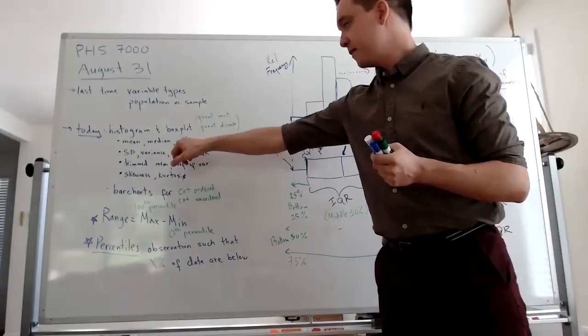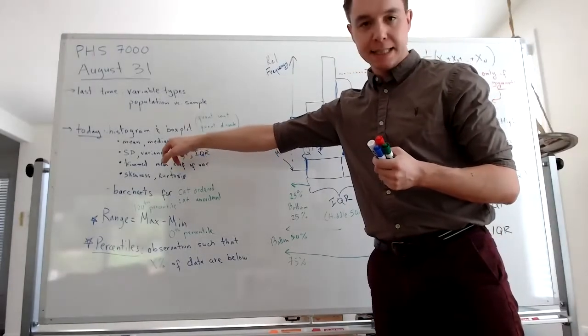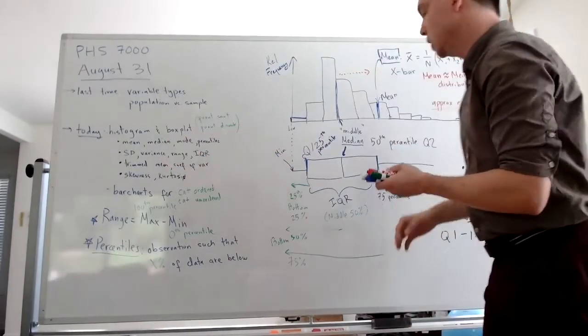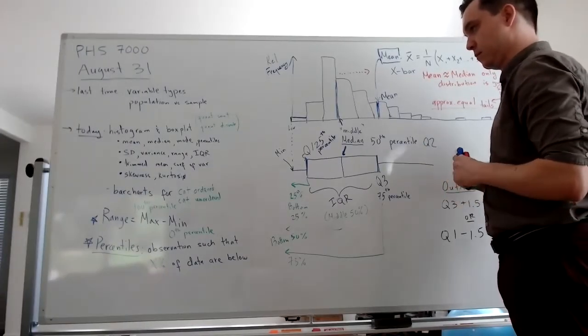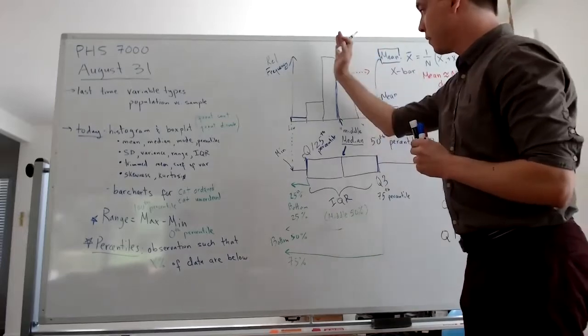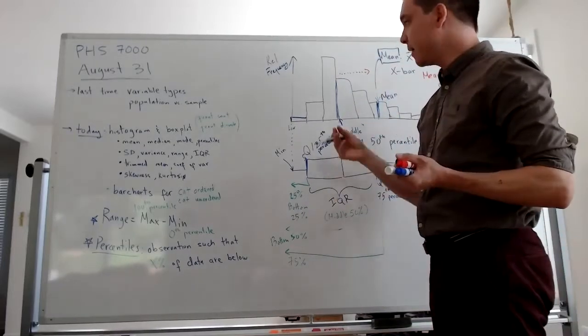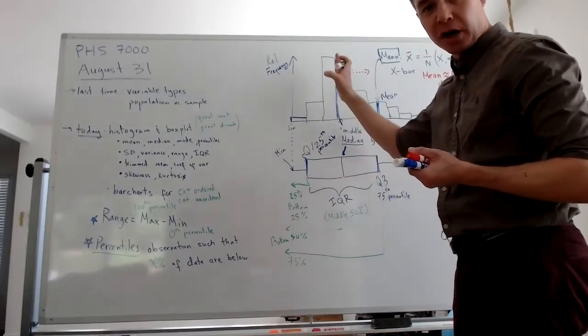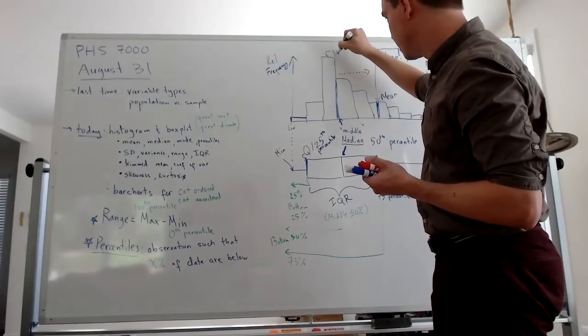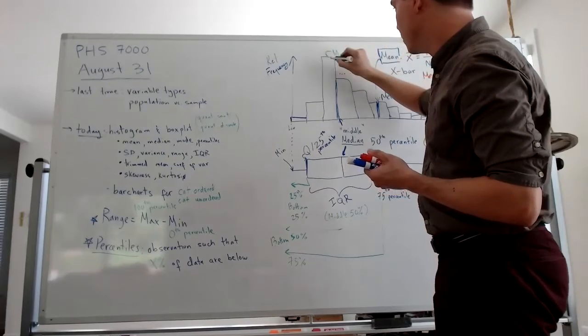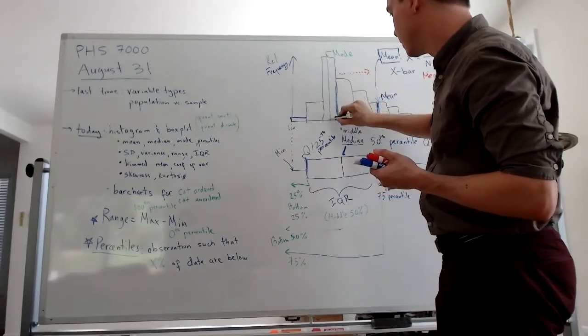The only one left, therefore, in this line is the mode. The mode of the data is the most common value. It's the tallest bar in the histogram. So in this case, the mode is right here.